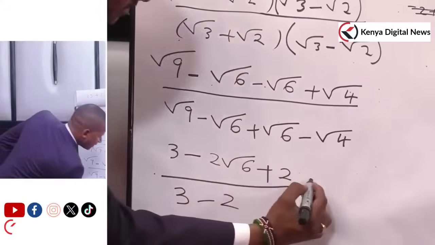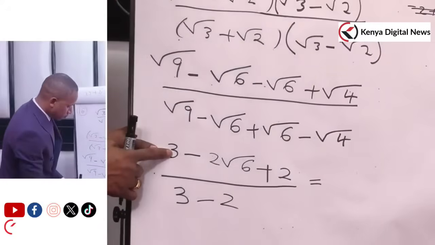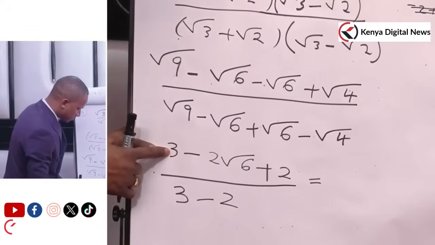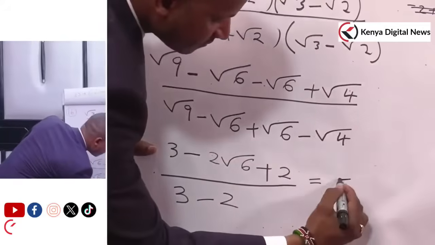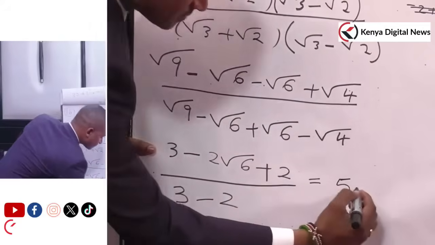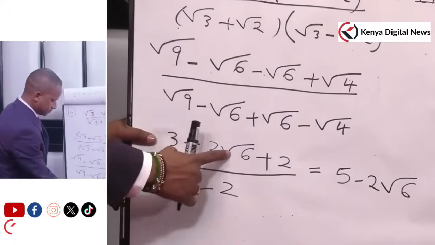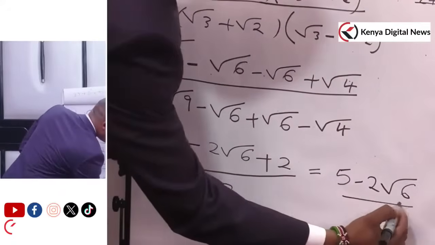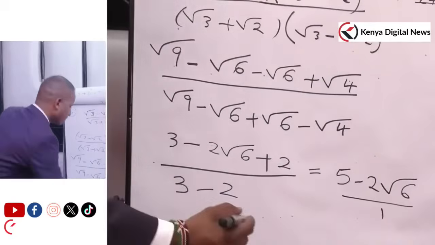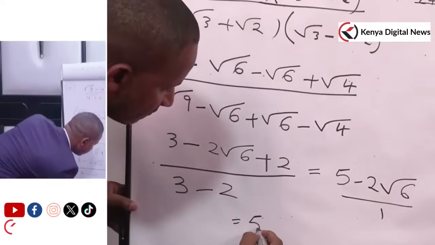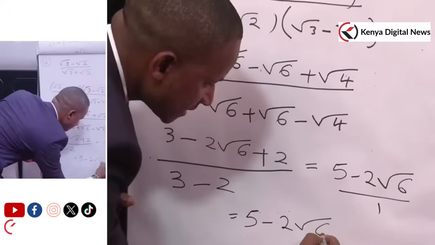Then simplify further, collect like terms. 3 plus 2 is 5. Then we have minus 2 root 6. Divide by 1. So our answer here is 5 minus 2 root 6.